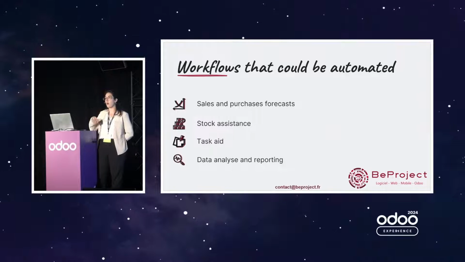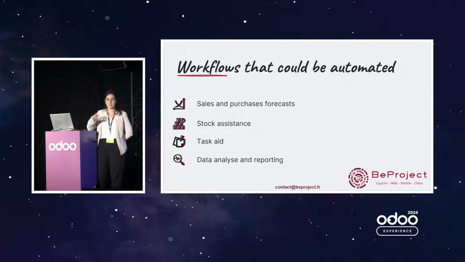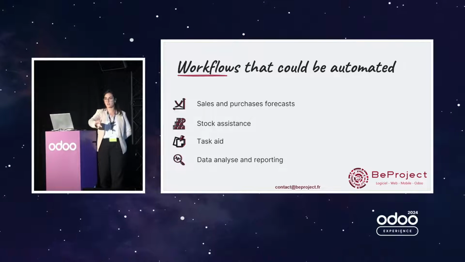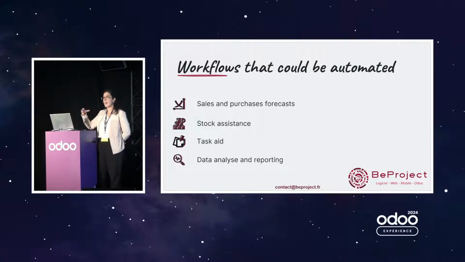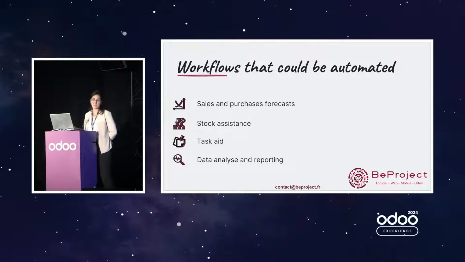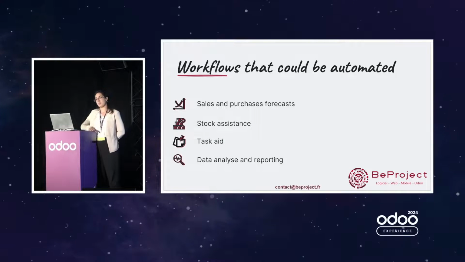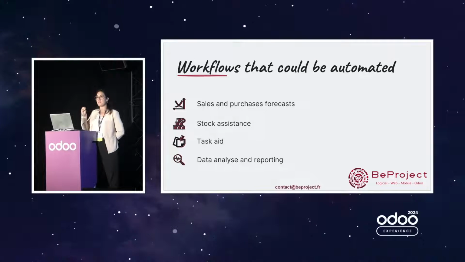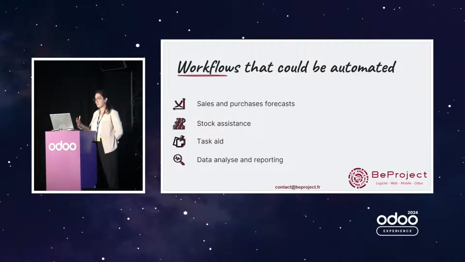Imagine you are in a warehouse and, for example, you receive packages and you just say, okay, I have received 3 packages of this product, 4 of this one, etc., and as you are just picking, the AI will pre-fill the delivery receipt and help you complete the quality check, etc. I think also when I talk about stock assistance, you all have in mind the optimization of the delivery path. That's something that could be really useful.